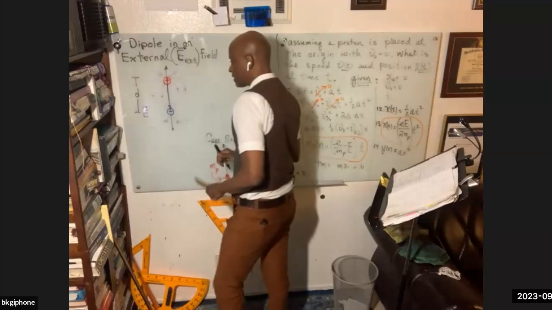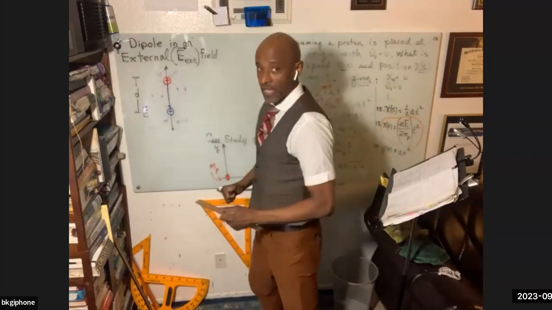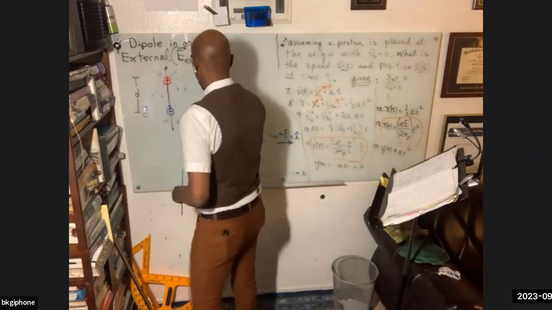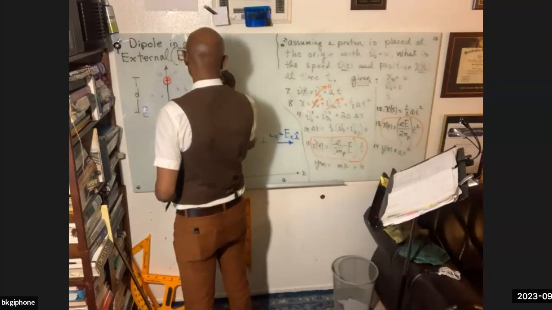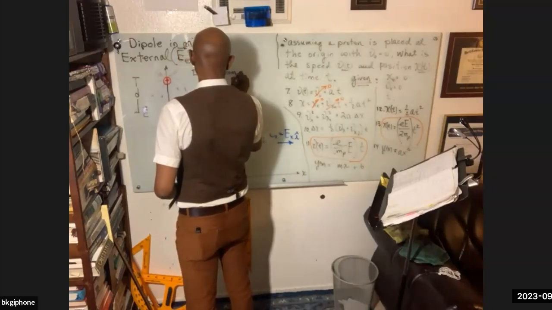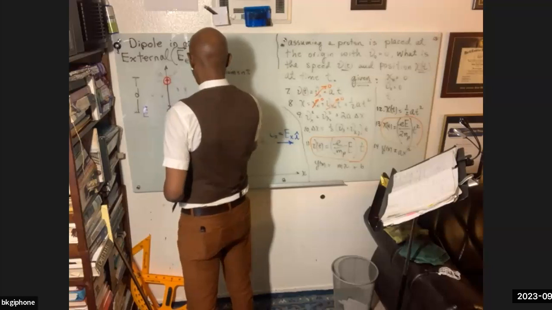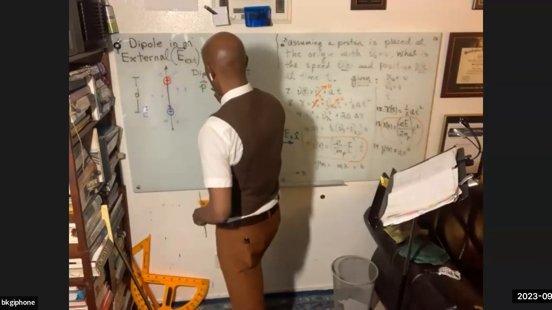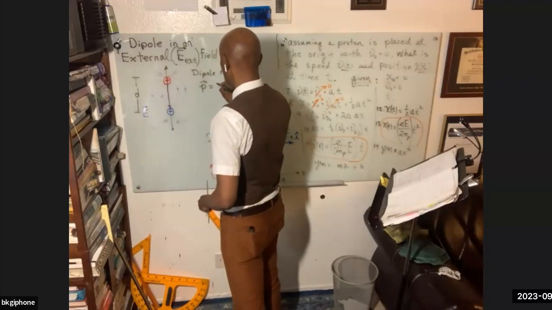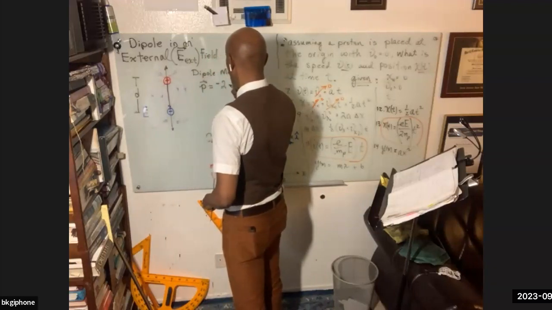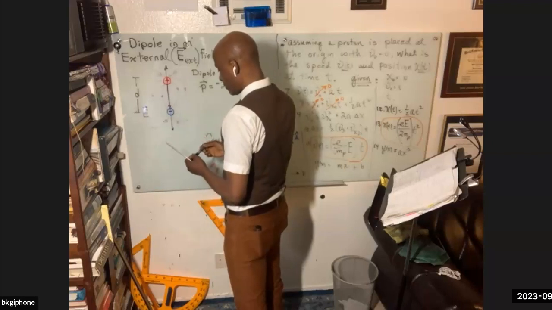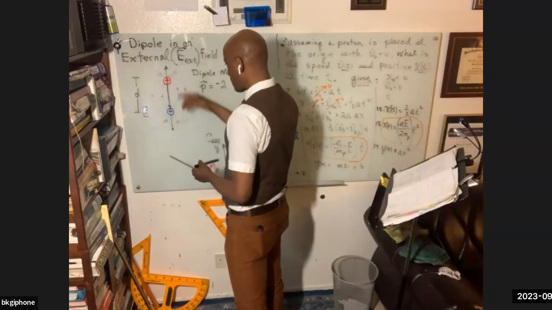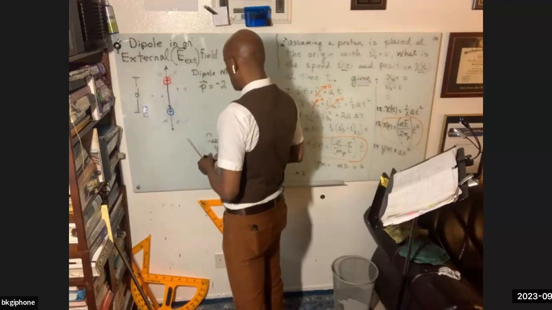So if that distance is d, we defined a dipole moment, the symbol we used was p. It's a vector. And remember, if each of the charges has a value of q, that's minus q and that's positive q, they're the same value.